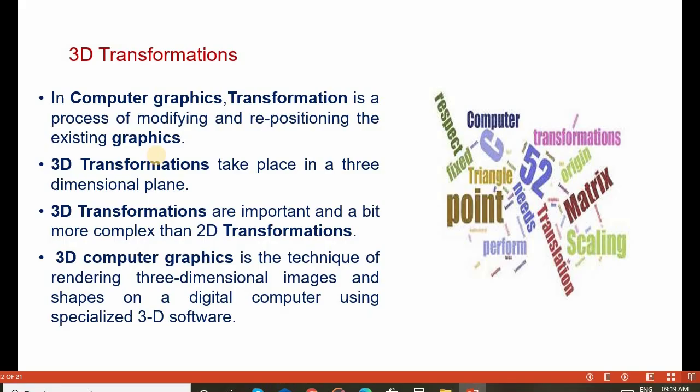Comparatively, 2D transformation is simpler. 3D computer graphics is a technique for rendering three-dimensional images and shapes on a digital computer using specialized 3D software. By using this software, we can create new three-dimensional images and shapes in a CAD system.